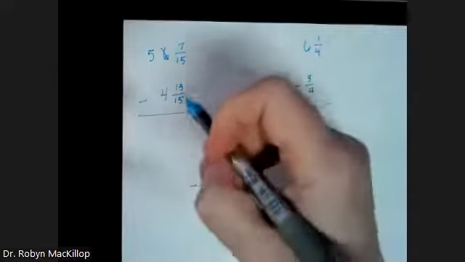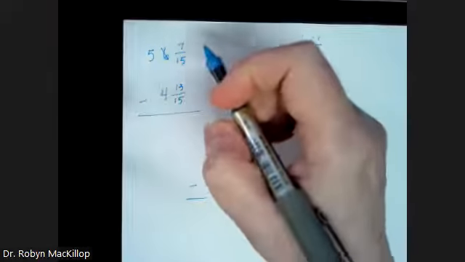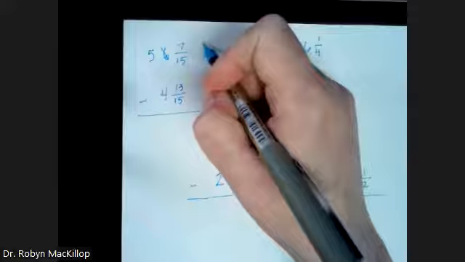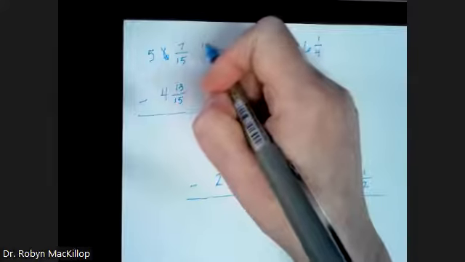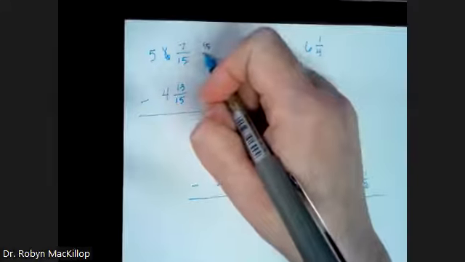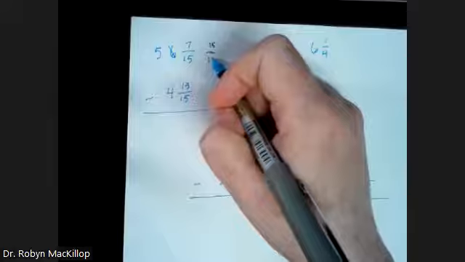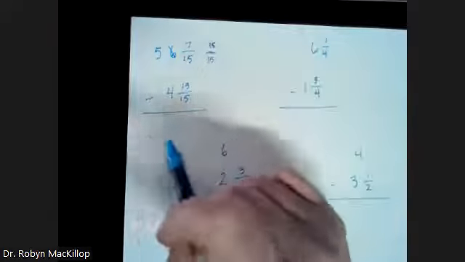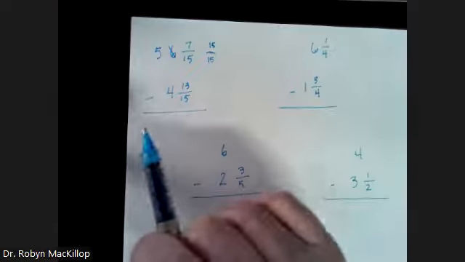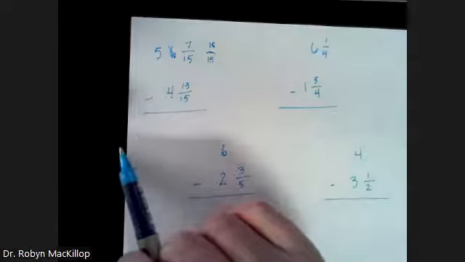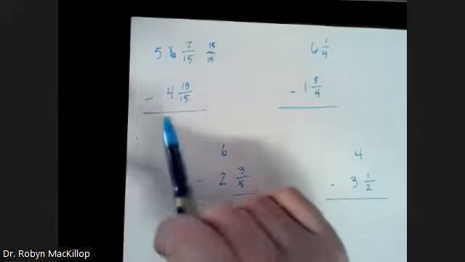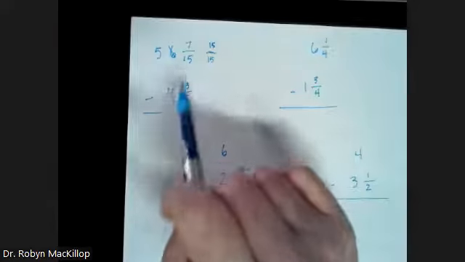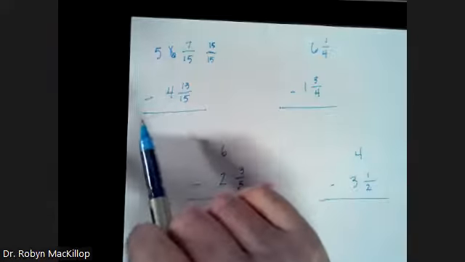And since we're already dealing with a common denominator, we're going to make our 1 look like this: 15 over 15, because we don't want to bring a new denominator into the mix. We don't want to do 1 over 1 or 2 over 2. We want to be consistent so we have less work.